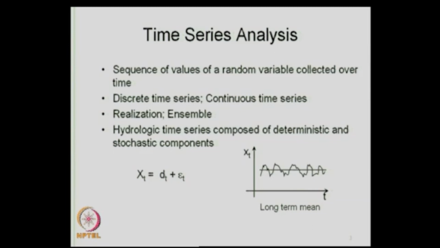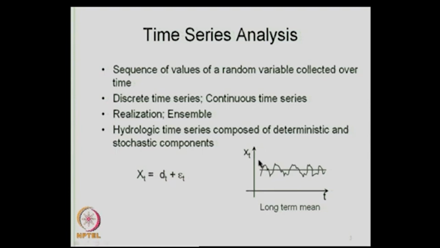We also introduced the concepts of a realization and an ensemble. A realization is a single time series, that is, if we have one set of observations across time, that is called a realization. For example, we may have a sequence of stream flows observed between 1970 and 2000, that constitutes one realization.